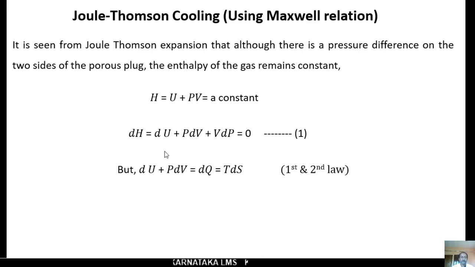But dU plus P dV equals dq, which is also equal to T dS. Here dU plus P dV comes from the first law of thermodynamics, and dq equals T dS from the second law of thermodynamics. From both the laws we get this equation.